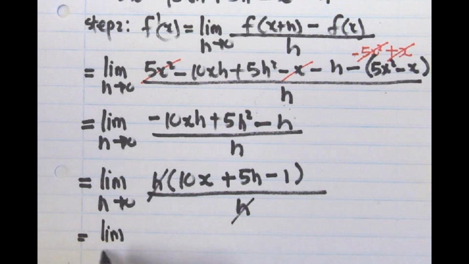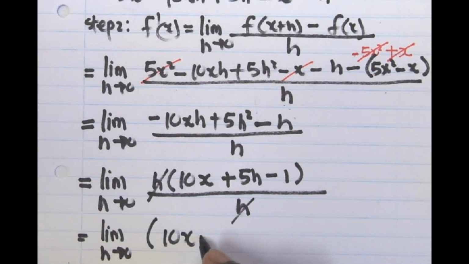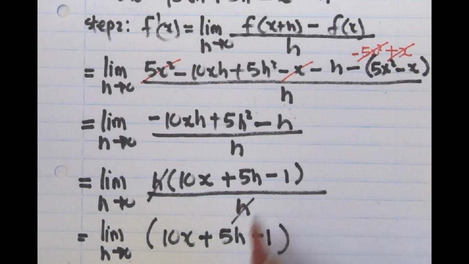The limit as h approaches naught of 10x plus 5h minus 1. But remember, we are saying here the limit as h approaches naught. So this section here is going to disappear there, or is going to become 0. And then my final answer is going to be 10x minus 1.